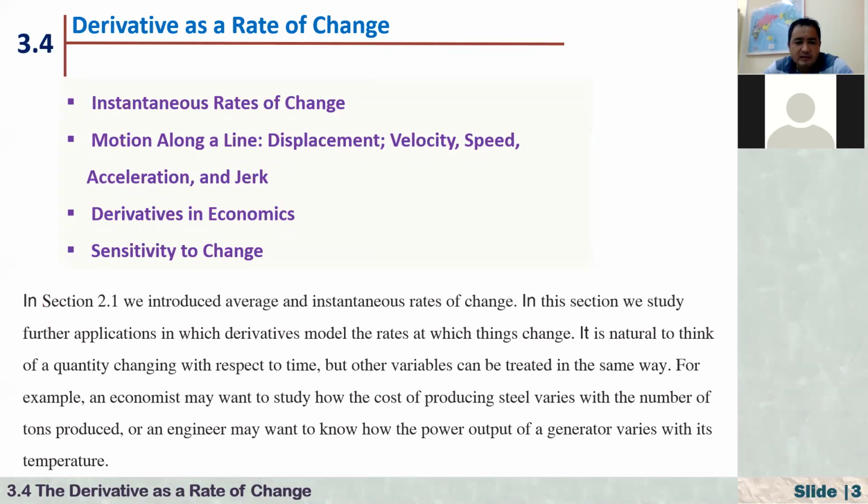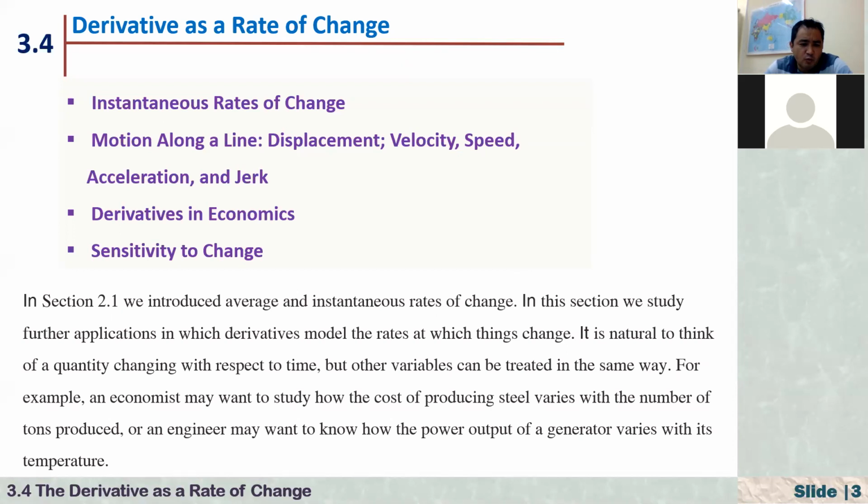Also speed, acceleration, and jerk. You will be introduced to these concepts one more time, along with derivatives in economics and sensitivity to change. The last one, sensitivity to change, I'll skip; if you are interested, you can study it. We'll talk about these other things.